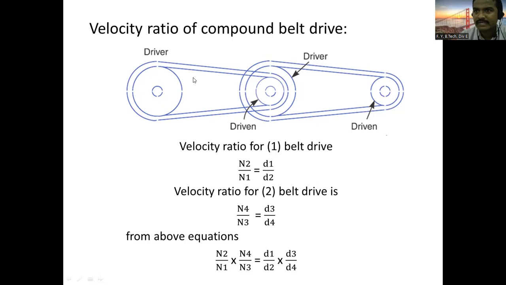For understanding purposes, we'll separate them: first arrangement, pulleys 1 and 2; second arrangement, third pulley and fourth pulley. For this case, we have to determine the velocity ratio. Now you have to draw this arrangement.